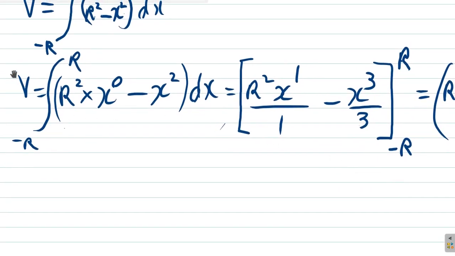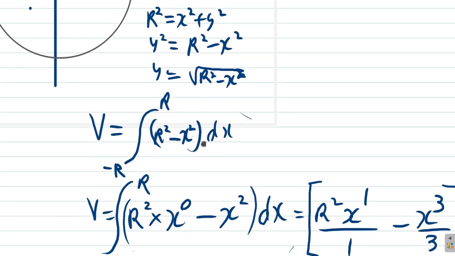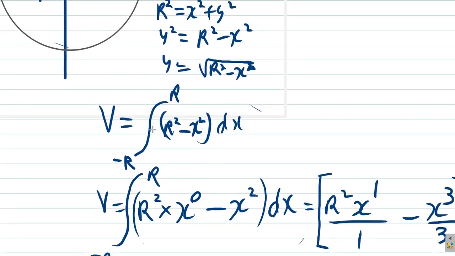Now remember, oh, the pi. I didn't write the pi, I just realized it. It's pi y squared dx. So it is pi, or we could even have the pi outside the integral sign as well. Remember that rule of integration?